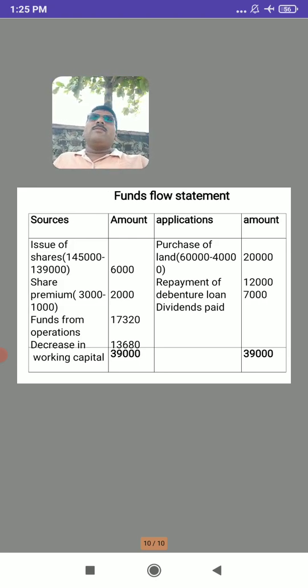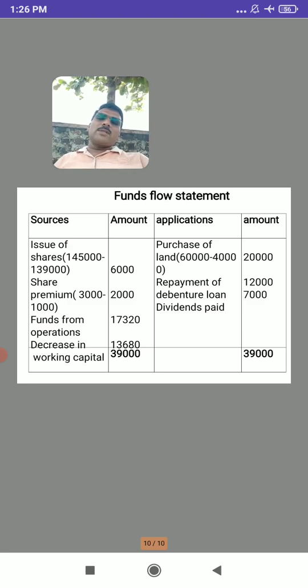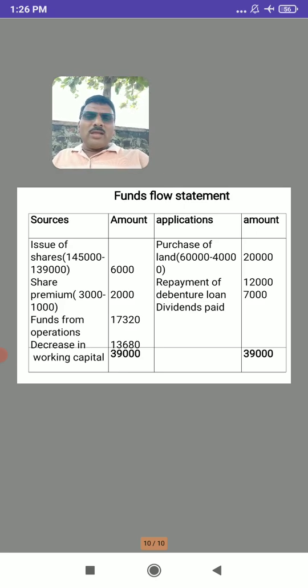The fund flow statement is prepared with two columns, one is the source column and the other is the application column. So let us see what the sources are. First, issue of shares. Here the difference between the 2 years in issue of shares is 6,000. In 2016 the equity share capital is 1,45,000 and in 2017 it was 1,39,000.